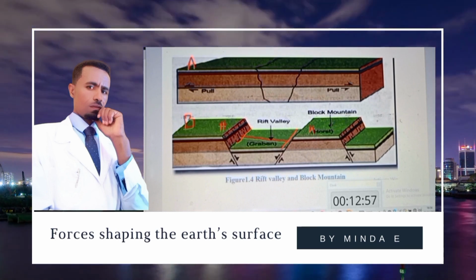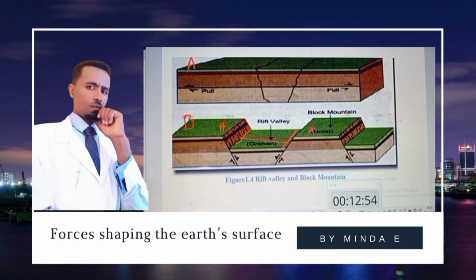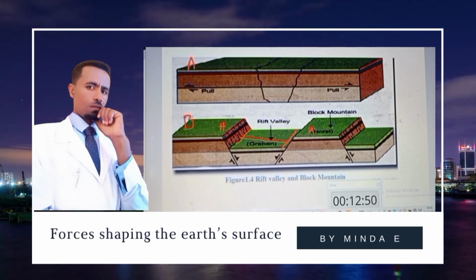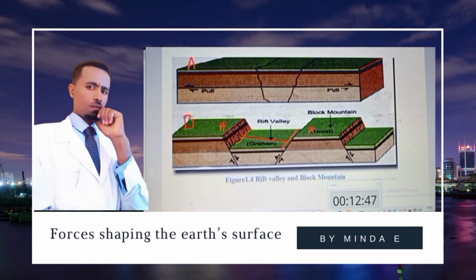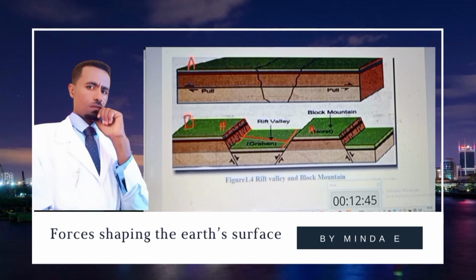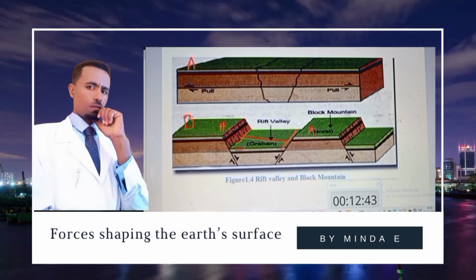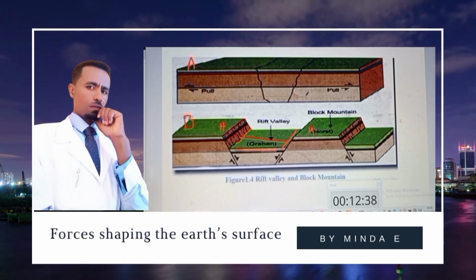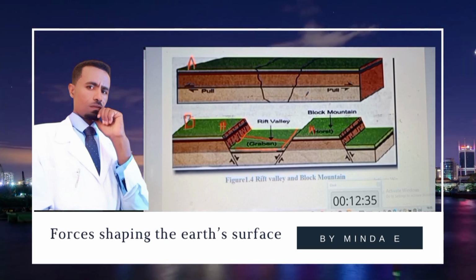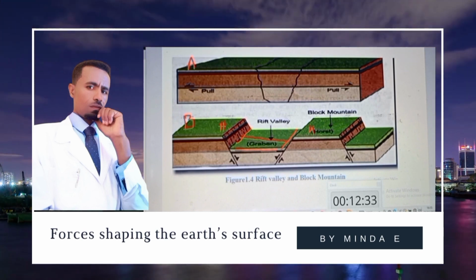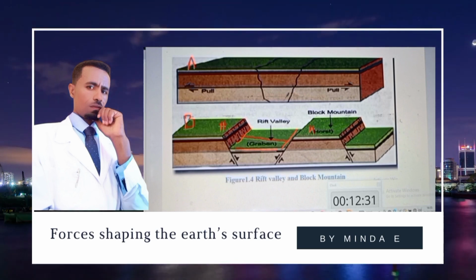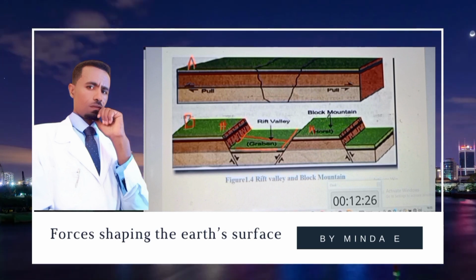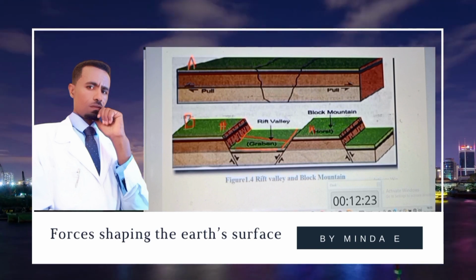Here we have seen the feature of a block mountain, which is uplifted and has a flat surface on the top, and a topography which is sunk down. So from this figure, you can simply understand the outcome of faulting, the two types of landforms, Rift Valley and Block Mountain.